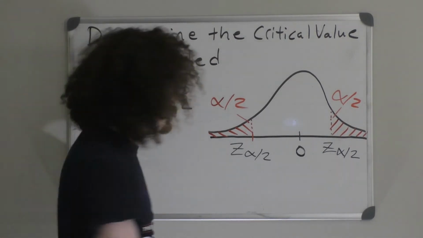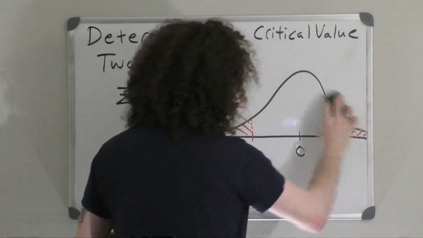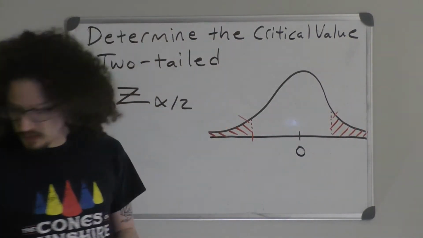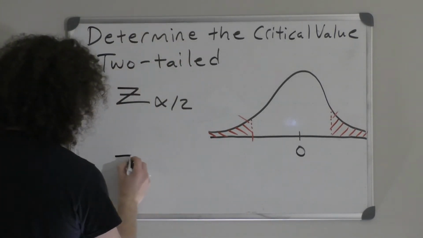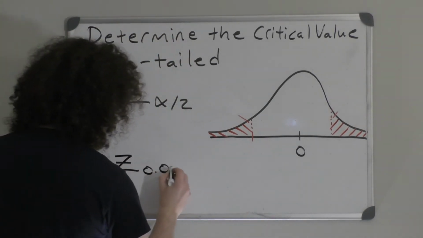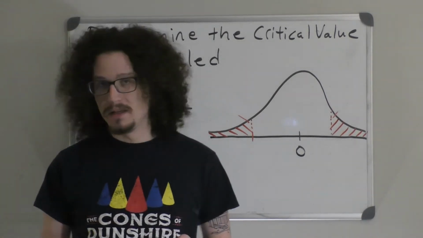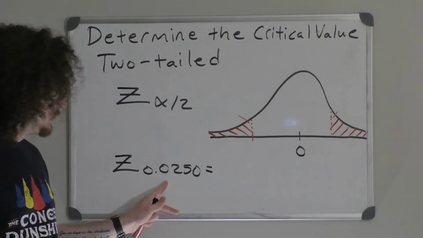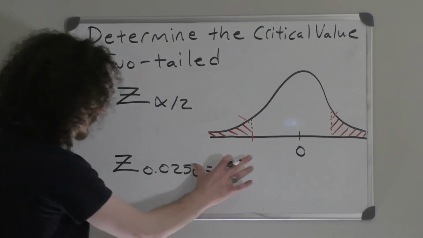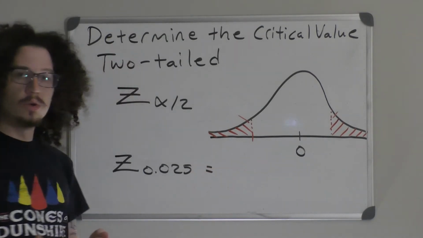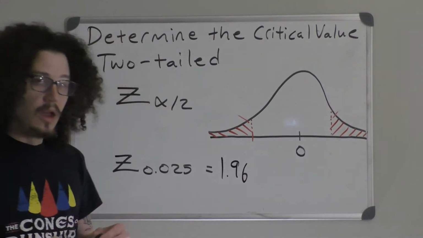To make this a little bit clearer, let's say we're doing a 95% confidence level. So our Z alpha divided by 2, which would be Z 0.025, is 1.96.